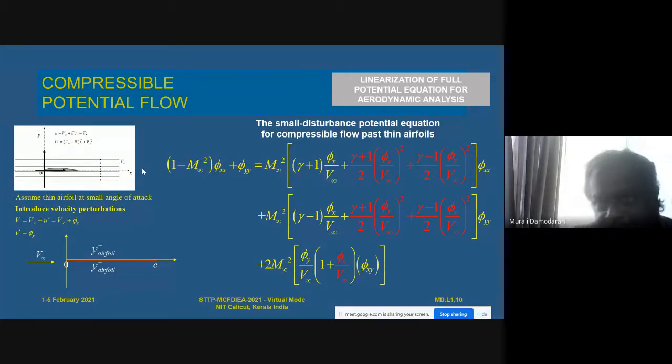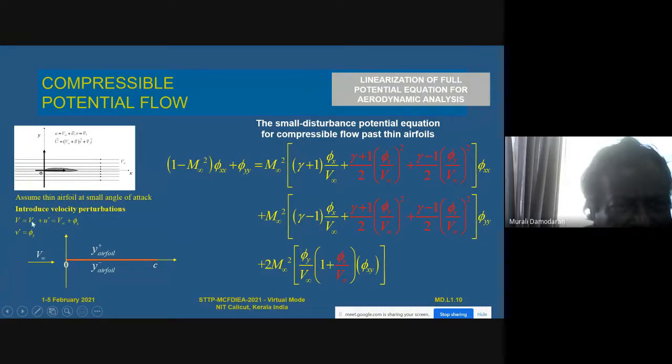The other thing which we do is the small disturbance potential equation for compressible flow past thin airfoils. So you assume that this airfoil is a very thin body. If I put the airfoil in a free stream flow, it will just create some disturbances, and I write my disturbances in the velocity field as follows.